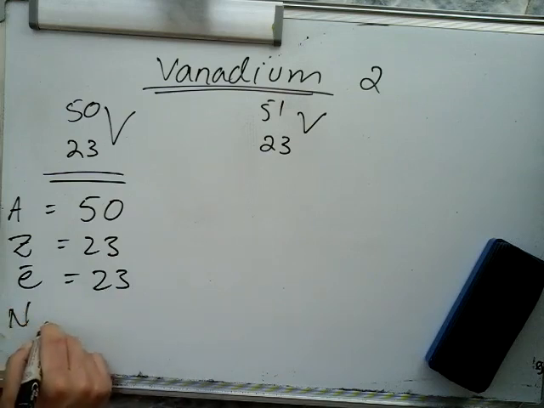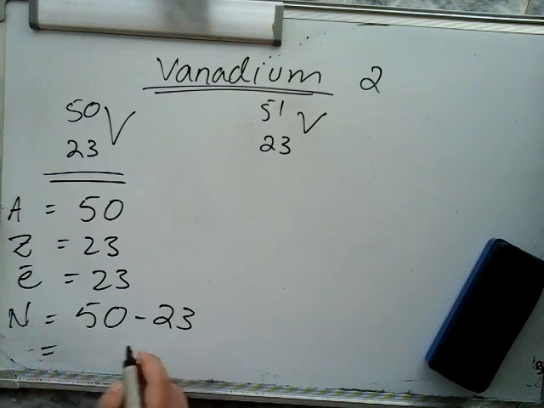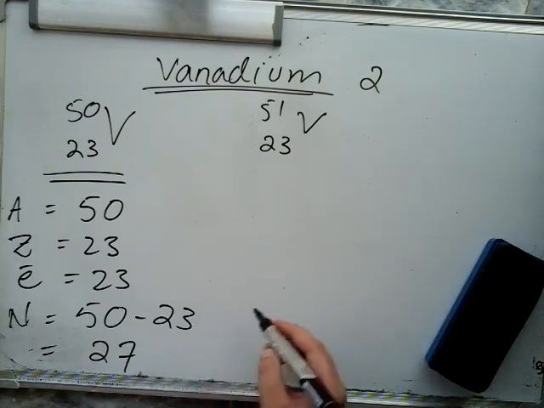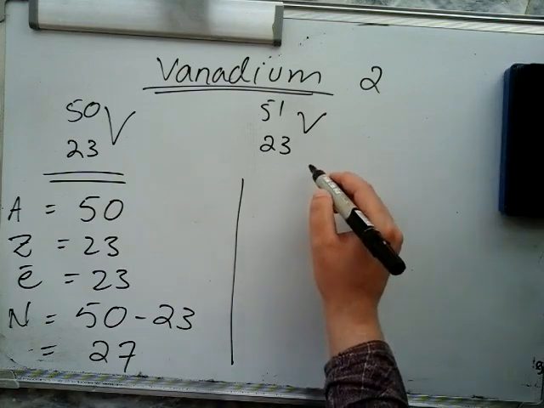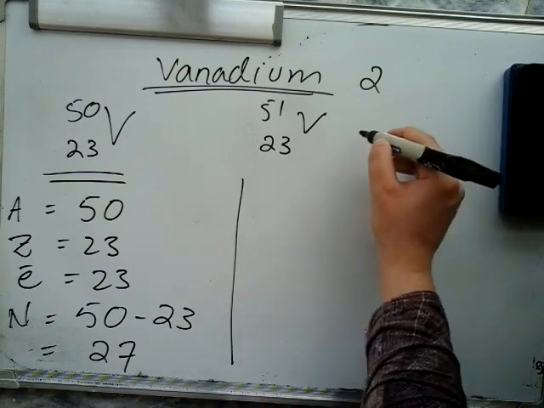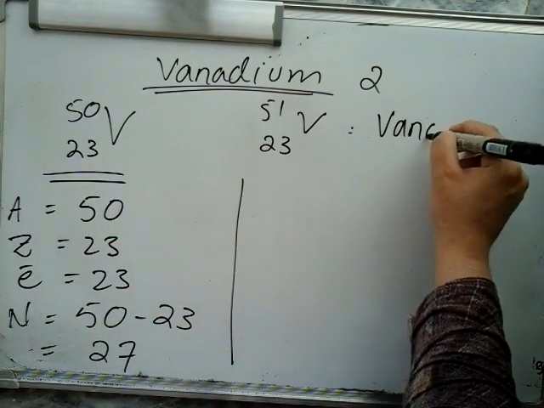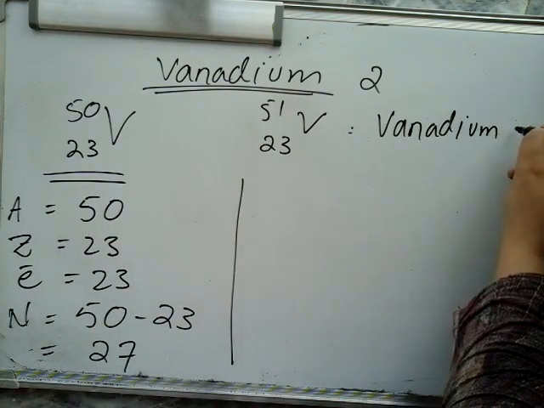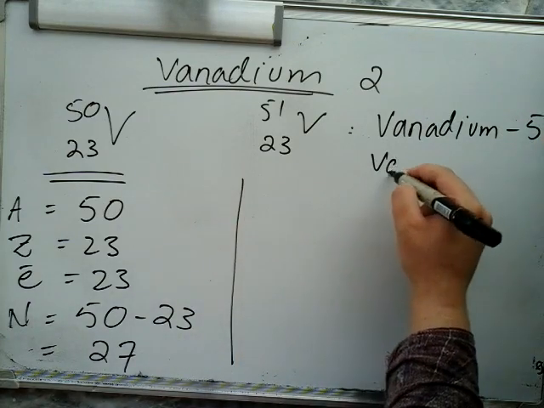So the neutron number would definitely be 50 minus 23, which is 27. The number of neutrons here would be 27. In the same case, if you see this vanadium 51, which is also right, like we usually write an isotope as vanadium 51.